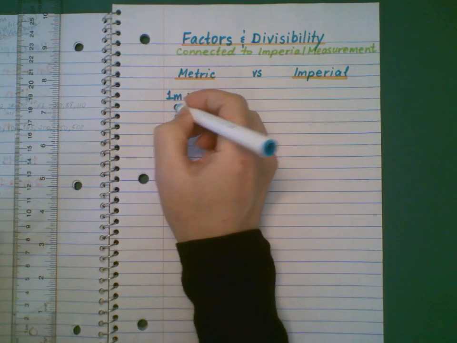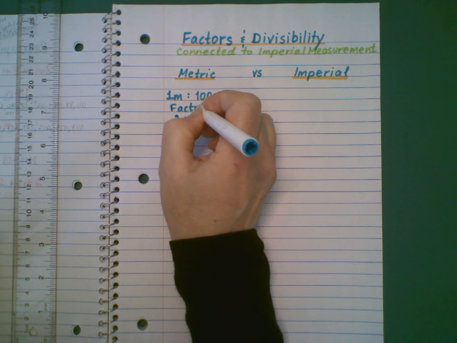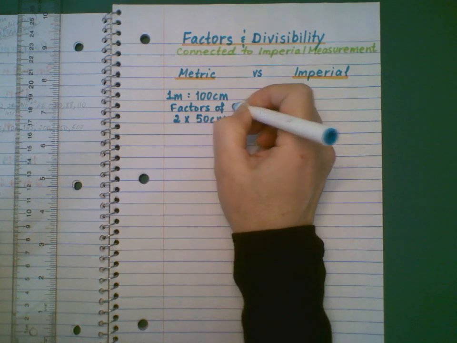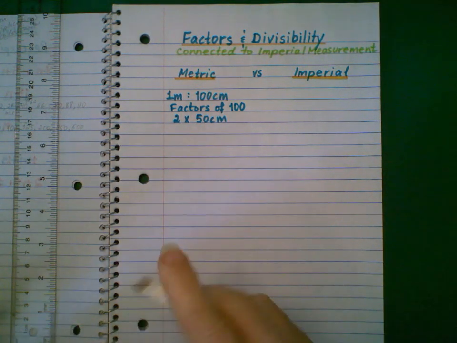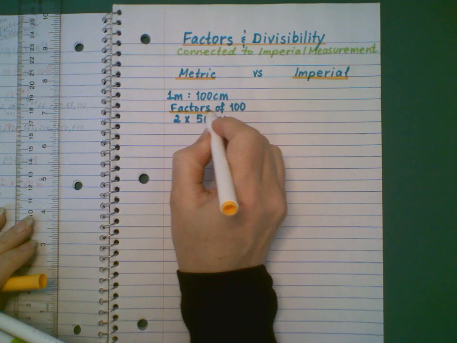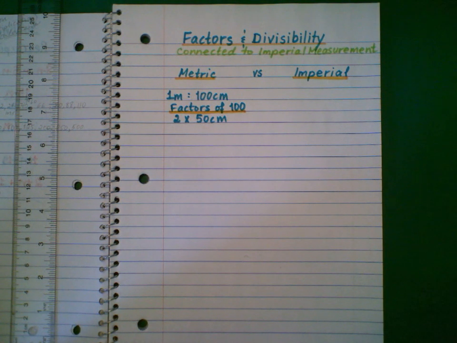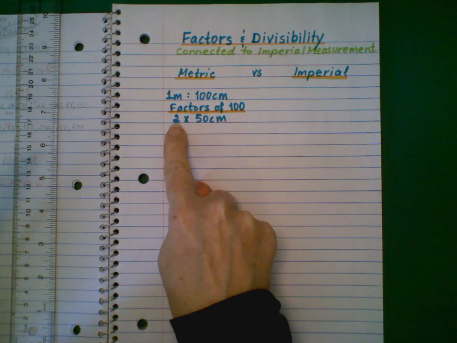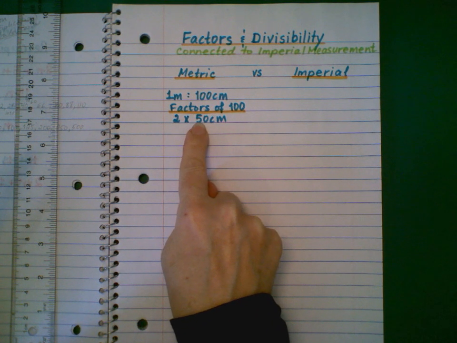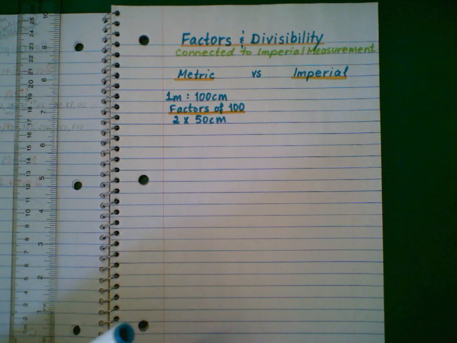Okay, so I'm looking at factors of 100, to look at all the different ways that I could divide up a 1 meter or 100 centimeter length. In the case of divisibility, what we're talking about is dividing and creating portions that are whole numbers. So I'm not interested in decimal values. I'm only interested in whole number divisions.